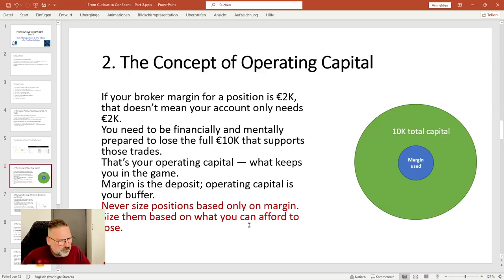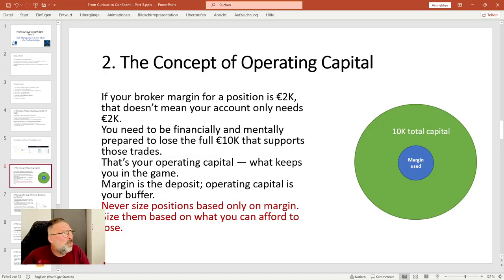So now, if you have that 10,000 pounds account and risk 100 pounds per trade, I showed you, I opened a position at 5 pounds a point, risking 100 pounds.